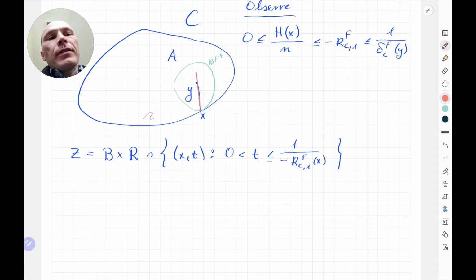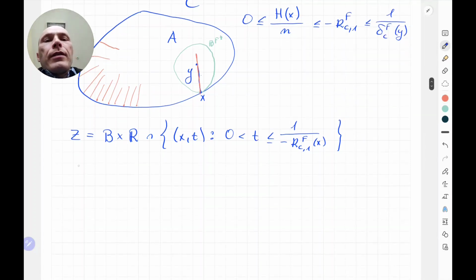So at each point X of the boundary, you have some line segment, maybe longer, maybe shorter, which goes inside, and so on. You have a lot of line segments like that, and Z gathers all of them. And now you have zeta, which goes from Z to R^(n+1).